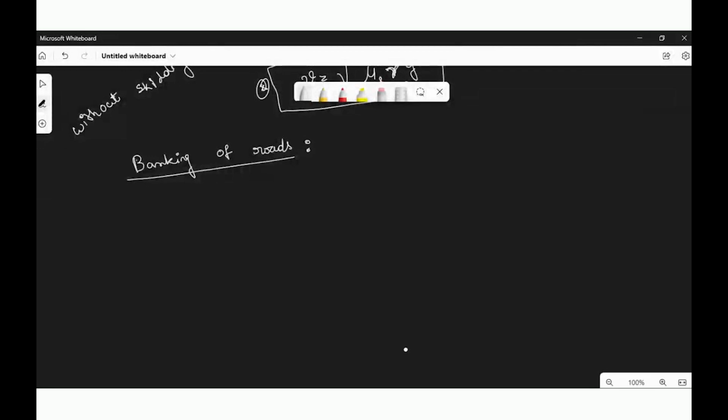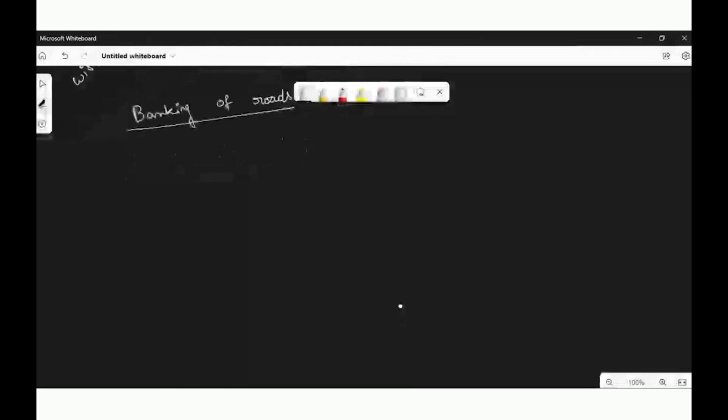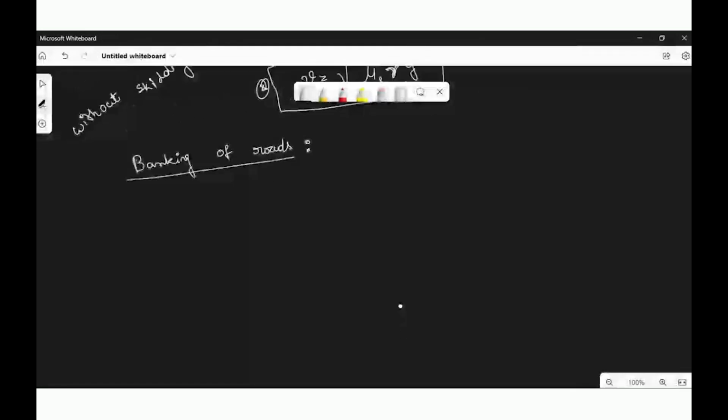So I had written banking of roads there. Can you see that? Now, with the banking of roads, if you consider that particular diagram, what we can write is: N cos theta, the component of normal reaction perpendicular to the horizontal reference line, is balanced by mg plus f sin theta.